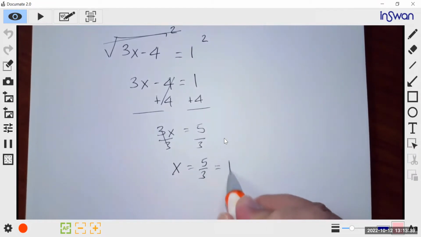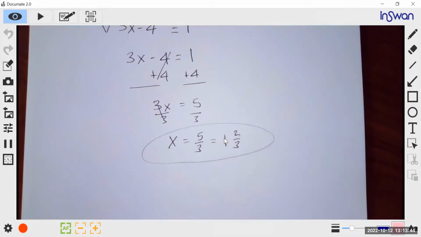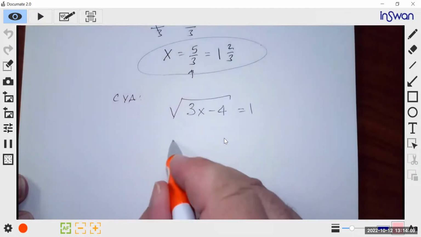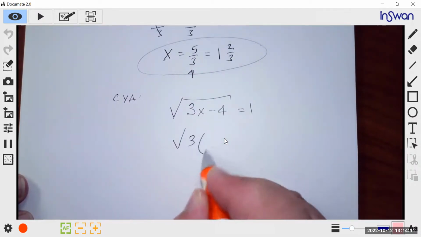Or 3 goes into 5 once with 2 left over. When you check it, it's always easier to check it with the improper fraction. So anywhere you see an x, we put a 5/3.